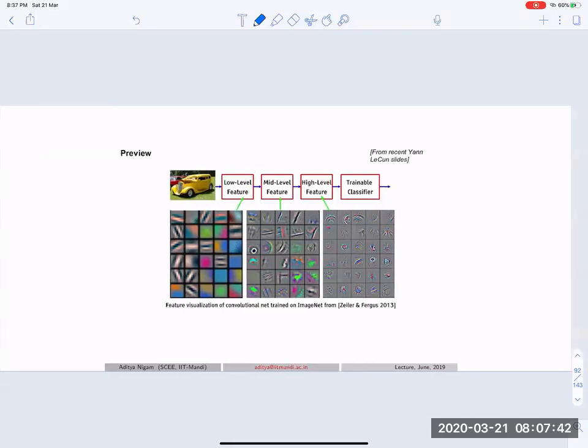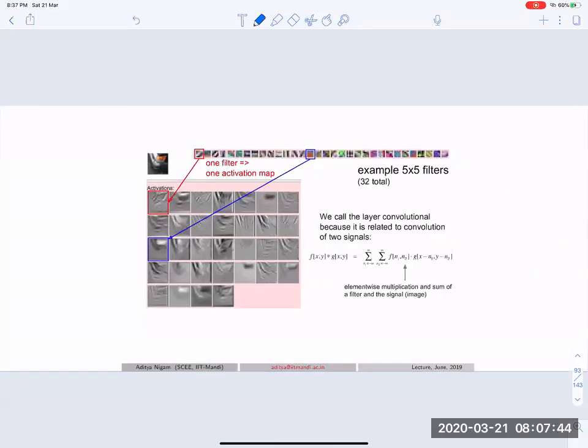So this is some visualization. Maybe we can come back to it at some point of time. But what they want to show is that suppose this is my input, and these are my filters. There are 5 by 5 filters, and 32 such filters.